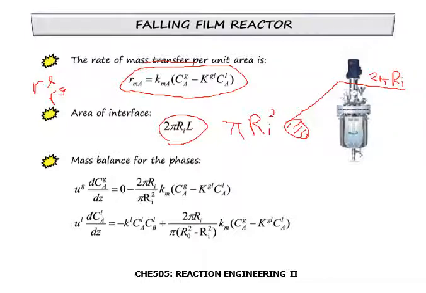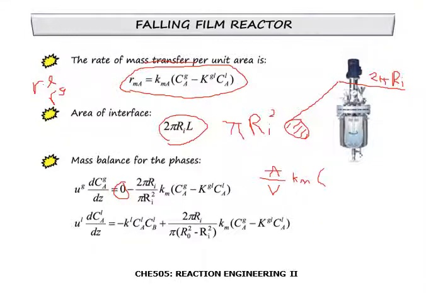Okay, so the mass balance for the phases, can you recall the previous slide? For the gas phase, for species A at gas phase, because there is no reaction at gas phase, we put that as 0. This is the mass transfer rate, which in the previous slide was together with A, divided by volume. So you have to look back at the previous slide.